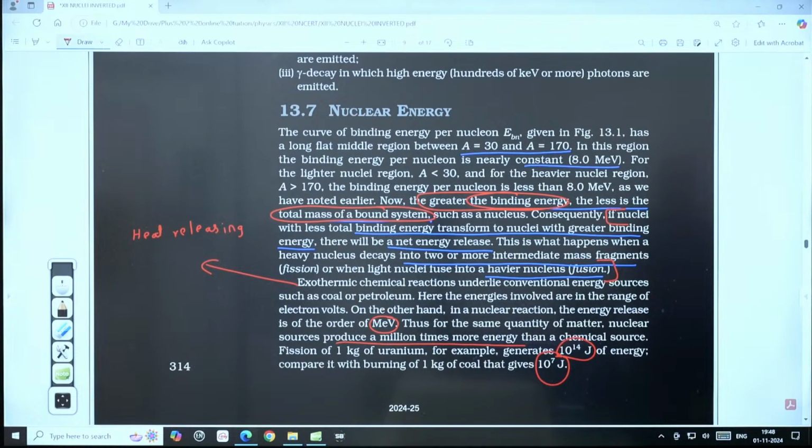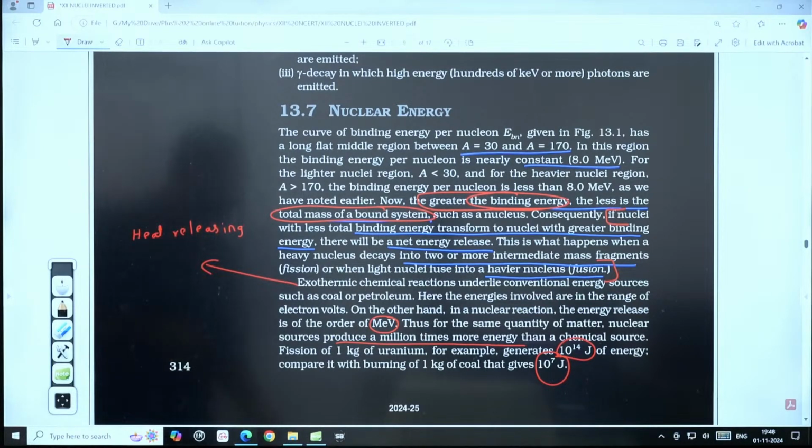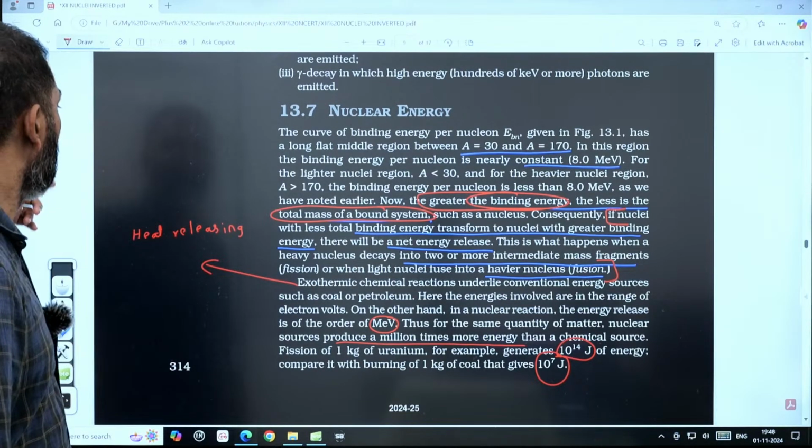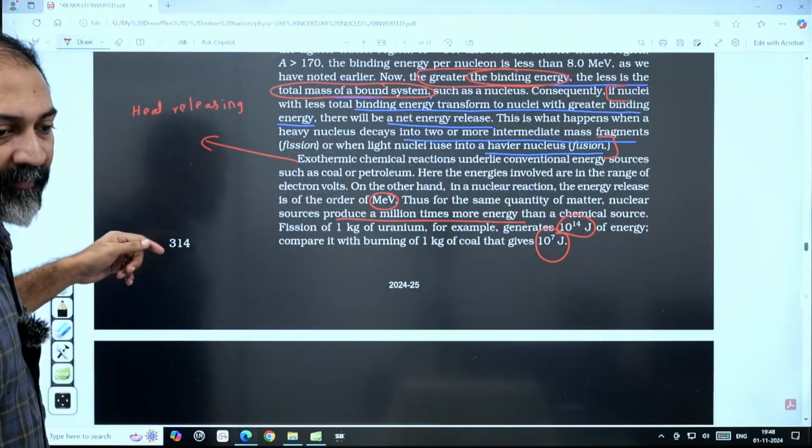Note it down. Note it down. Finish? Finish, right?